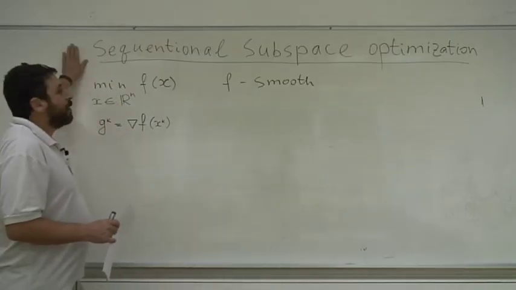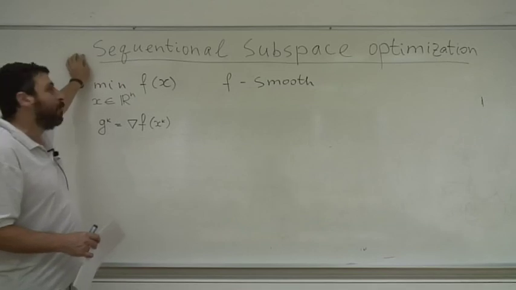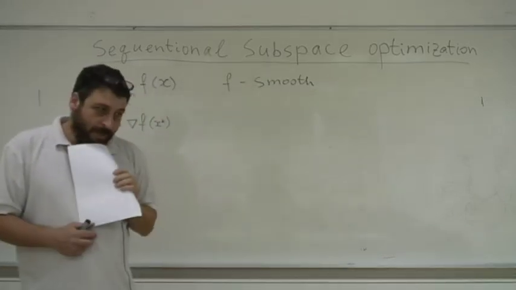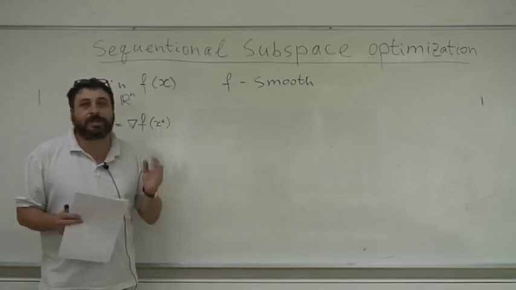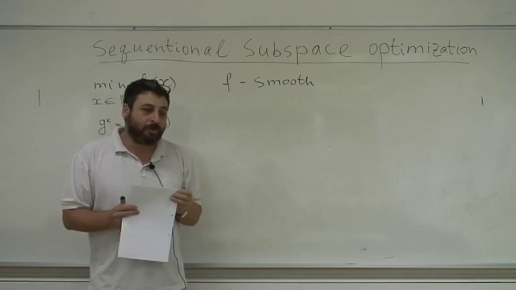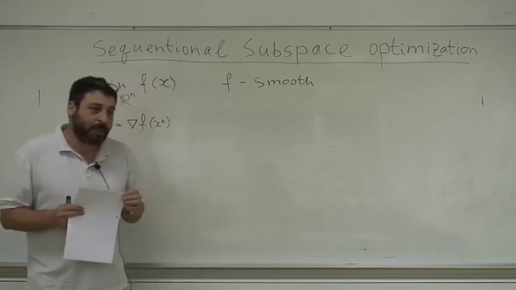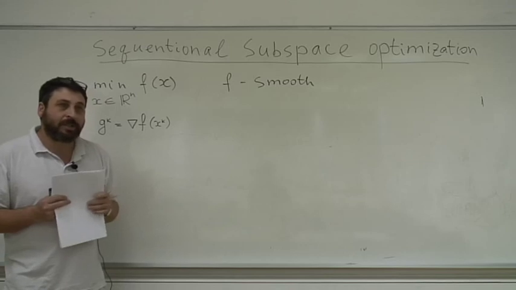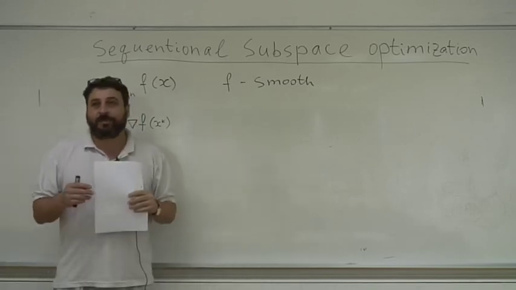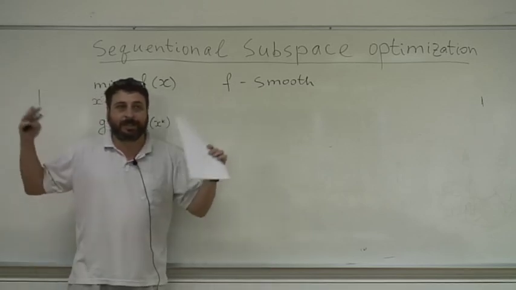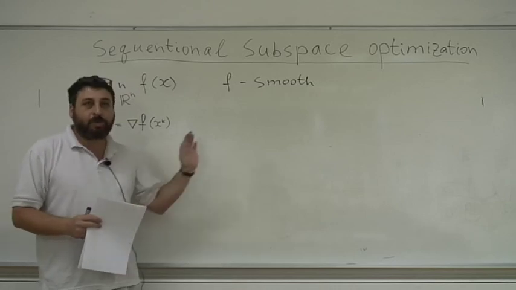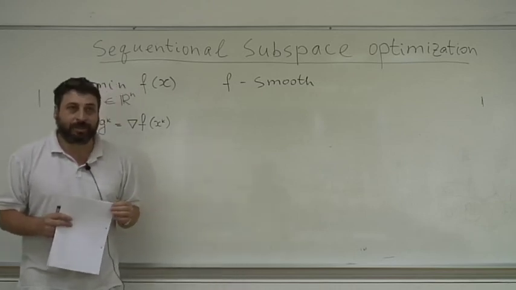So the first of the methods is the sequential subspace optimization method. It can be considered as a natural extension of the conjugate gradient method. As you remember, in conjugate gradients, in every iteration, we optimize over a so-called expanding manifold of all previous directions and gradients.